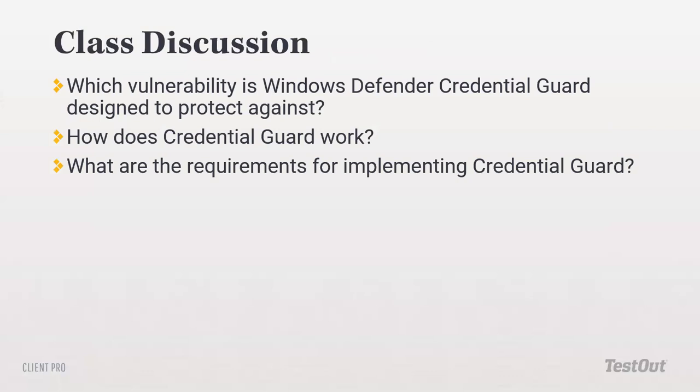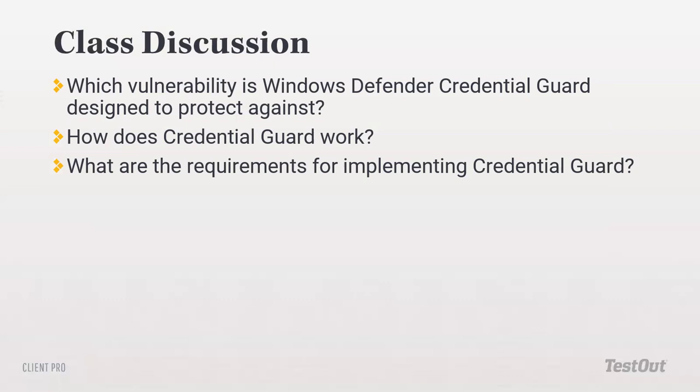Which vulnerability is the Windows Defender Credential Guard designed to protect against? Well, different kinds of malware attacks. Okay. How does Credential Guard work? Well, we want to make sure that we have just general protection set up, and that we are at the level of group policy objects and policy restrictions, allowing certain actions to be taken and certain others to not.